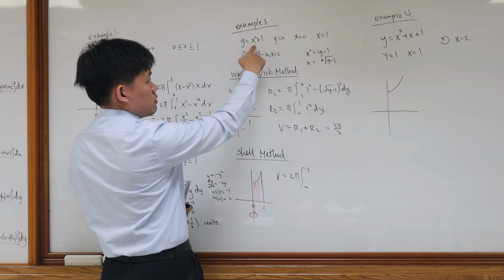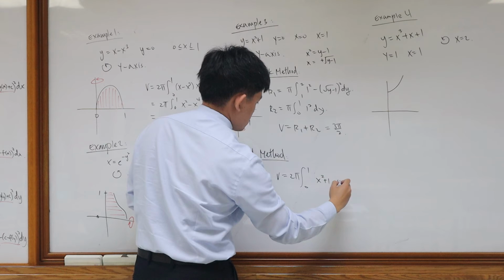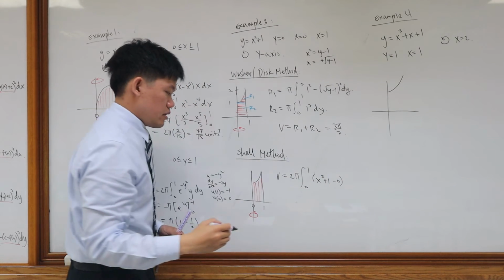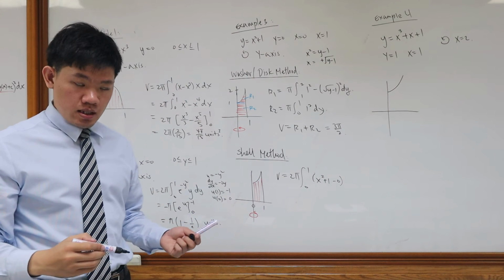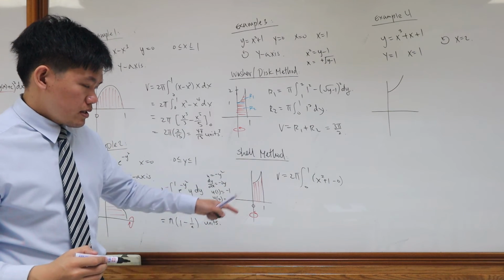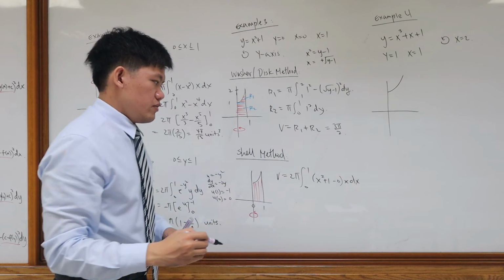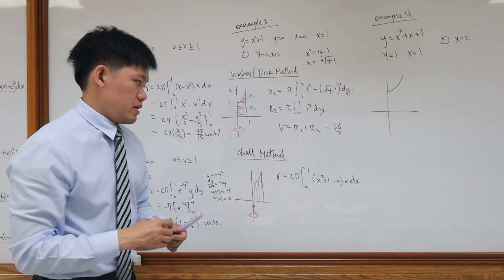The top function is this one, the bottom function is that one, so you end up with x squared plus 1 minus 0, and I am integrating with respect to x and I have not shifted anything, so my radius is just going to be x. So if you go through the process, you end up with the same answer.